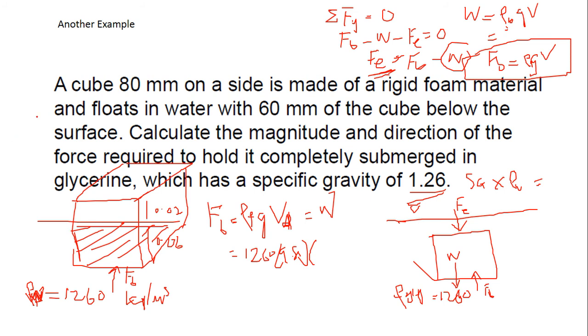That's why they give you the floating case, because when you want to find FE, you said FB minus W, and you need to find W. They didn't give you the rho of the object, so you cannot find W without it.